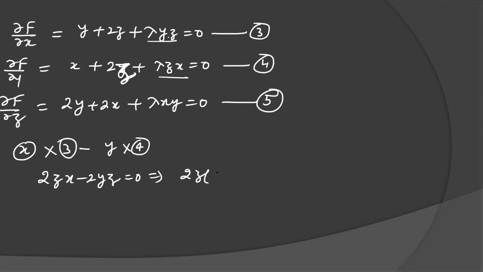Take common 2z, you will get x minus y equal to 0. z cannot be equal to 0 because it is the dimension of the box. So x equal to y.